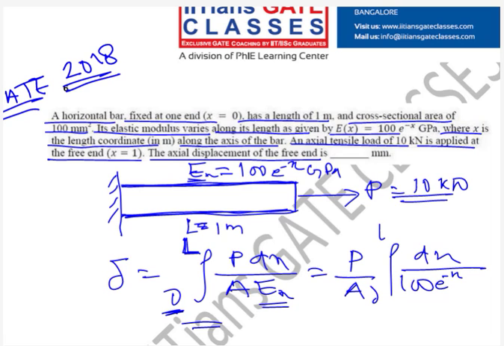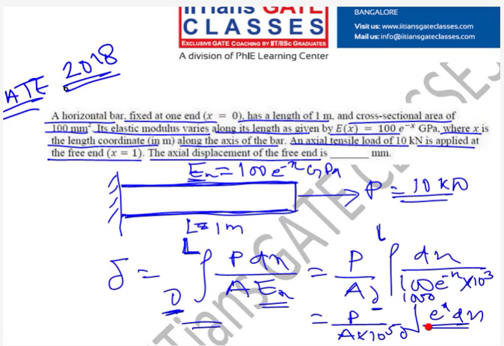If I convert everything in megapascal, then I have to multiply by 10 to the power 3. The limit of integration will be 0 to 1000, and you will get finally P upon area into 10 to the power 5 integral 0 to 1000 e power x dx.